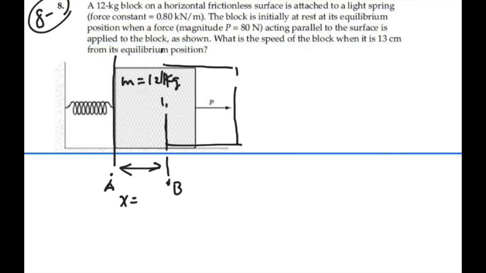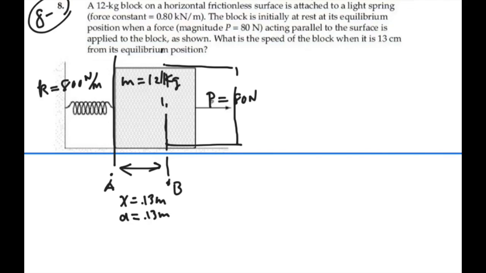So x is 0.13 meters. That x is going to also be d, the distance that we extended, under this force P. P is equal to 80 newtons, and the spring constant is equal to 800 newtons per meter.